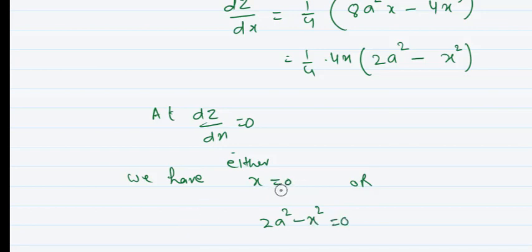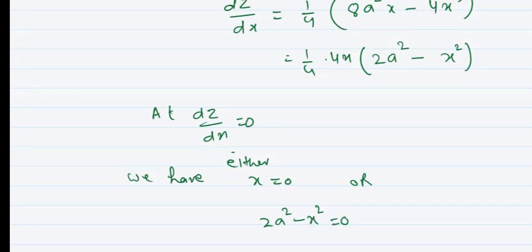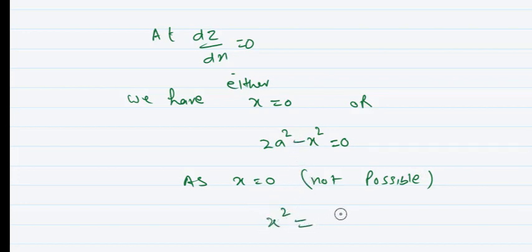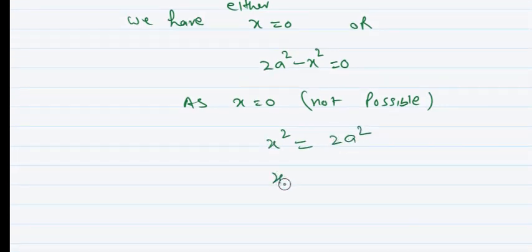X is equal to 0 is rejected, as x is equal to 0 is not possible, because length of one of the side of triangle can't be 0. So the other result that we are having is x square is equal to 2a square, or you can say x is equal to a root 2 units. Okay, this is one of the side of the triangle.